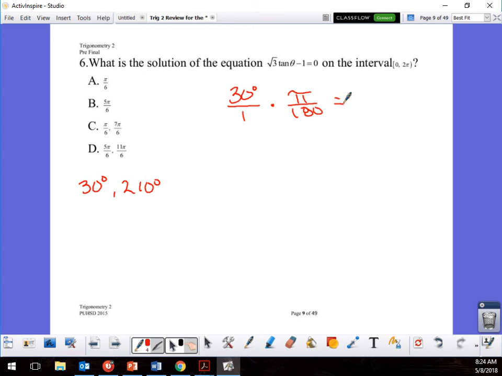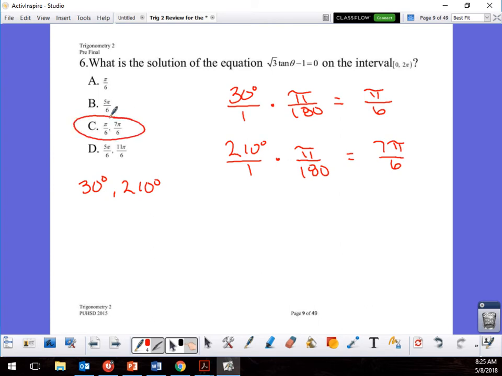So that's gonna give me pi over 6. Do the same thing again, 210 degrees times pi over 180. So it comes out to be 7 pi over 6. There we go. So my answer has to be C. See, now that you remember this, does it come back?